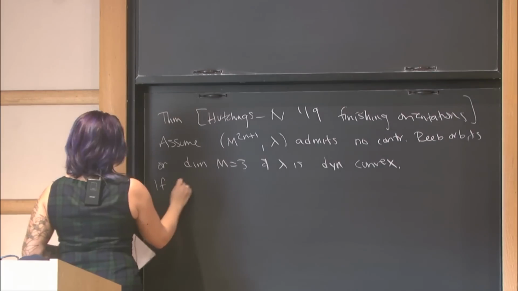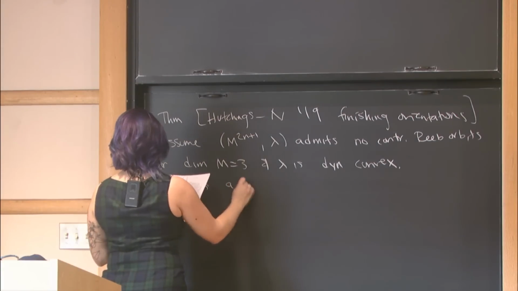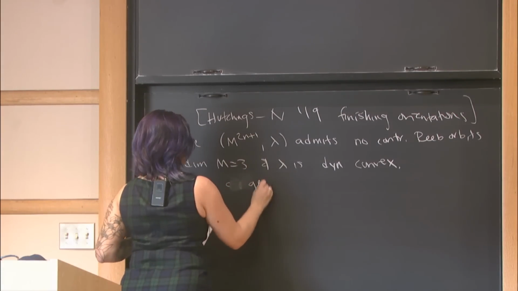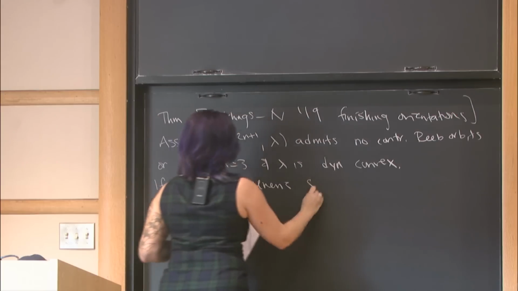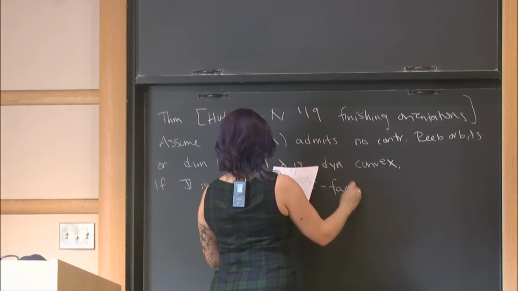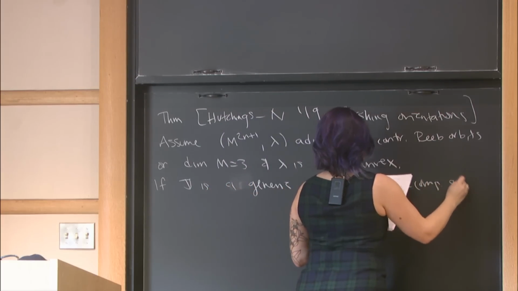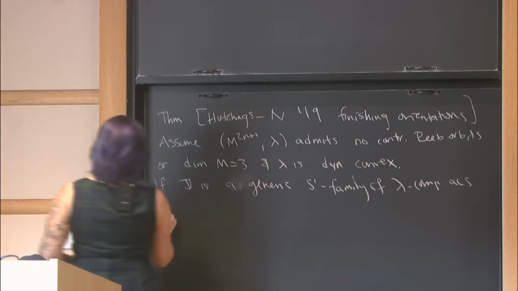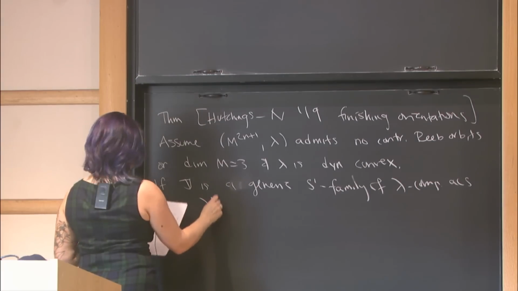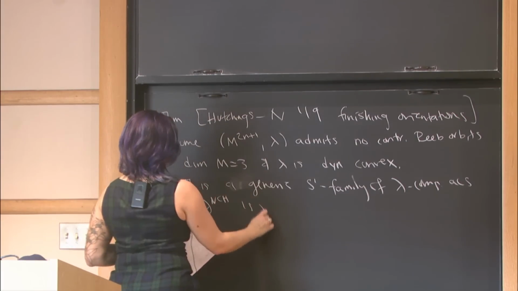Then if J is a generic S1 family of lambda-compatible almost complex structures, then the non-equivariant differential is well defined.